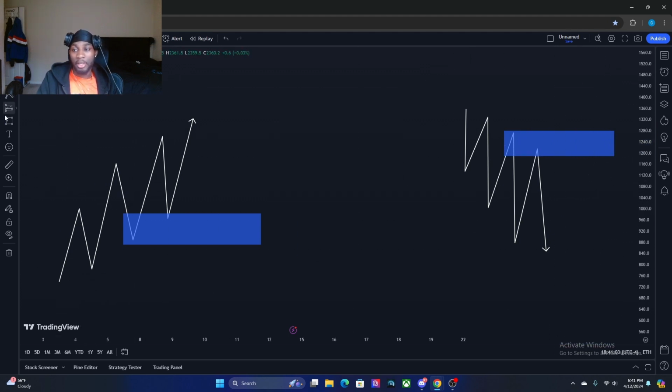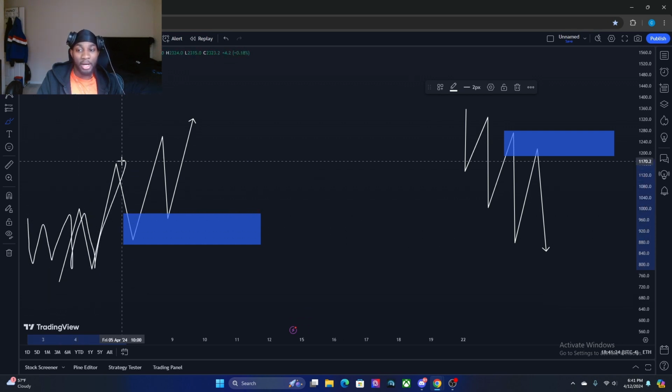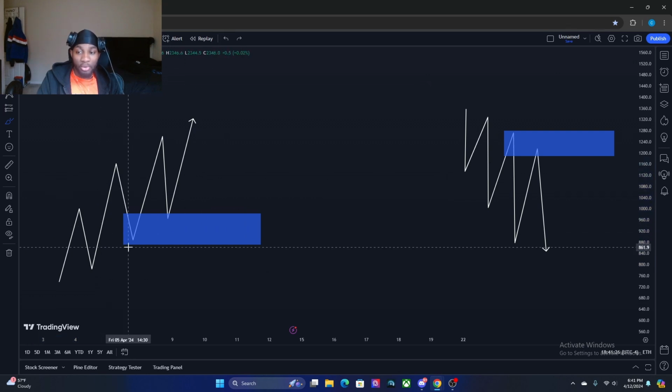Now, how do you identify when there's a supply or a demand? Let's talk about demand first. When we have these highs and lows, you have to understand what happens beforehand. We might be stuck in a range or something like that, until we break out. When you break out, that is called a break of structure.